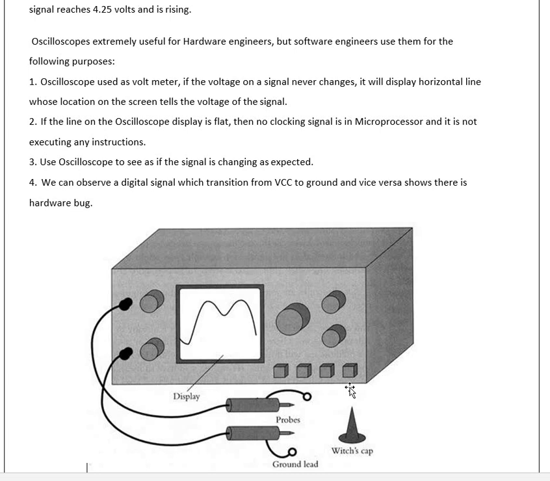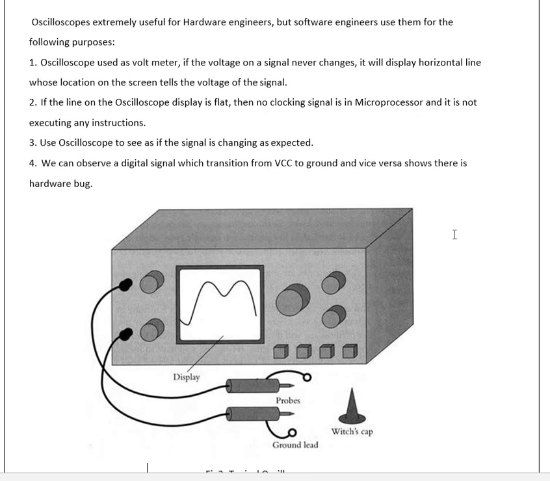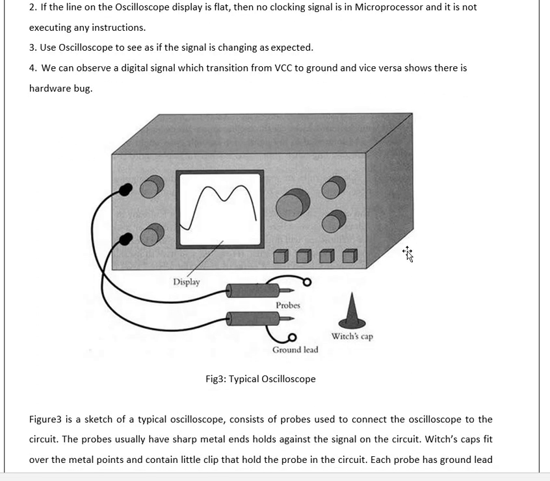If the line on the oscilloscope is flat, then no clocking signal is in the microprocessor and it is not executing any instruction. Use the oscilloscope to see if the signal is changing as expected. If we observe a digital signal which does not transition cleanly from VCC to ground and vice versa, it shows there is a hardware bug. This is the figure which shows the oscilloscope.